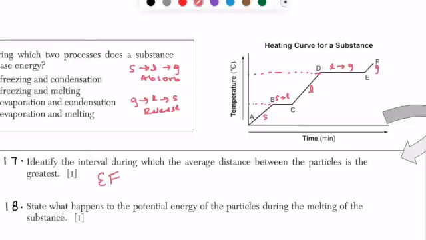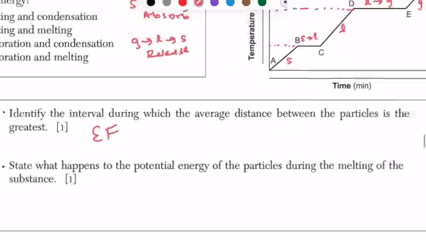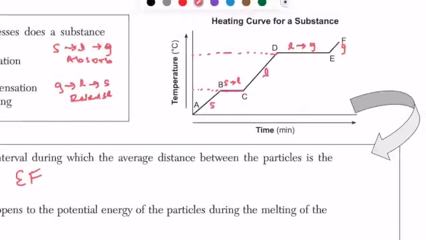State what happens to the potential energy of the particles during the melting of the substance. So melting is just one example, but during any phase change, the kinetic energy remains the same, as you can see, because it's a straight line, no temperature change, so no change in kinetic energy. But for the potential energy, it increases or decreases depending on whether we are doing something that absorbs energy or releases energy.